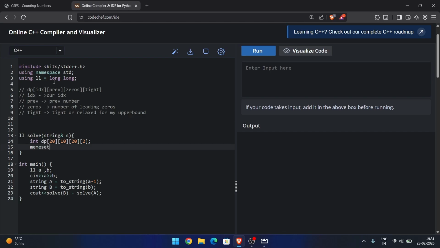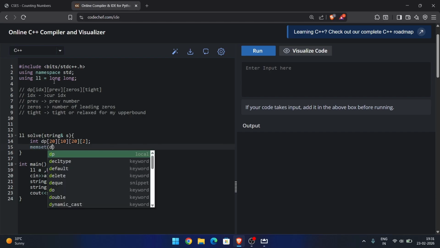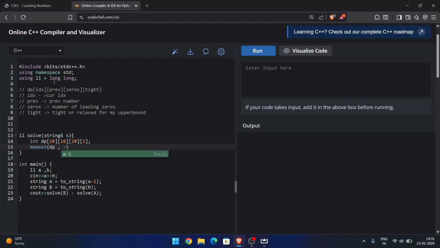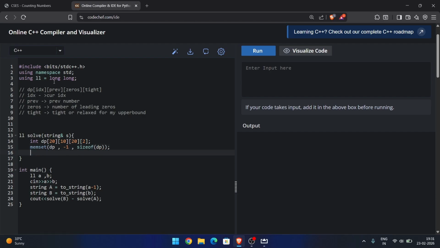Okay, so now let's set this DP to -1, size of DP. Now we would call the recursive function, that would be calculate DP. We would start from 0. The previous number is -1.